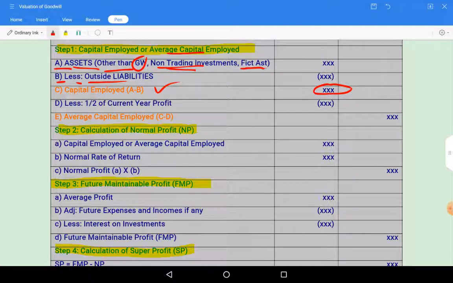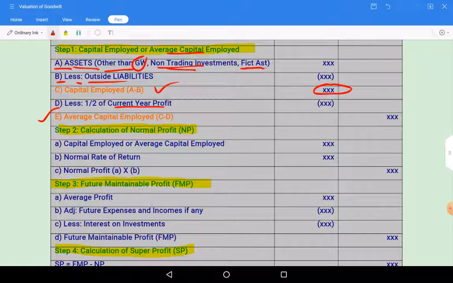If current year profit is given in the question, for the year for which we are calculating goodwill, then we will calculate average capital employed. That is capital employed minus half of current year profit, then you will get average capital employed.